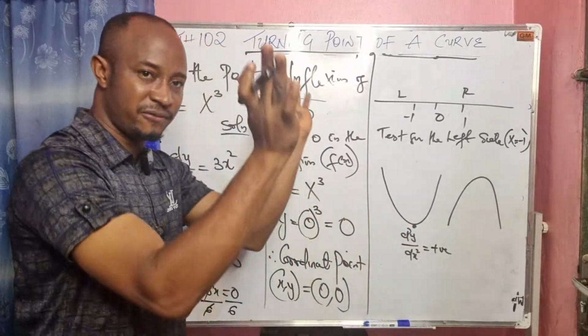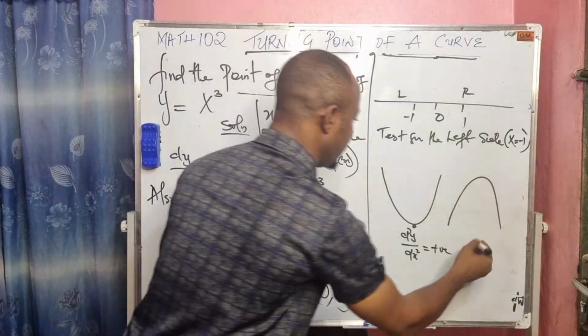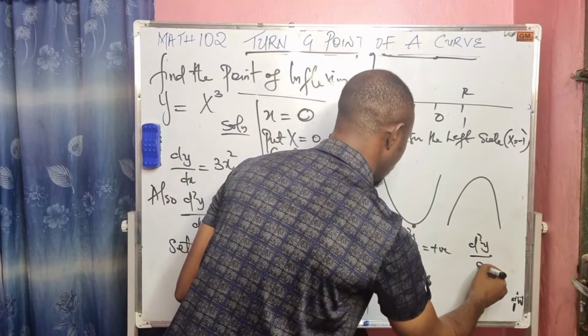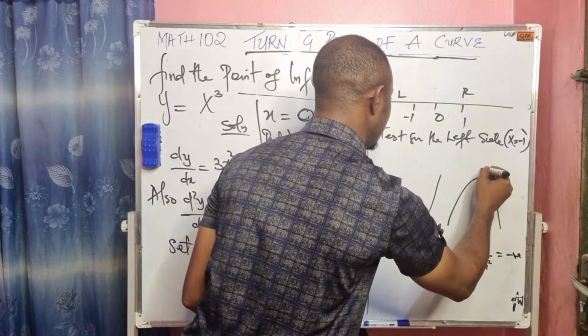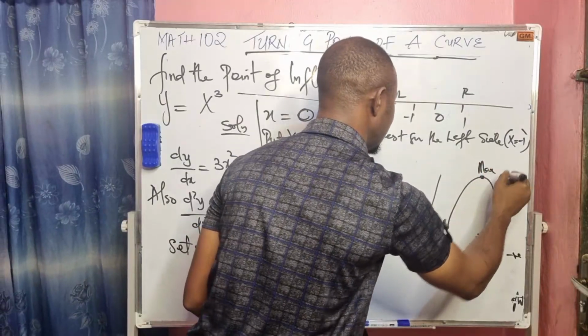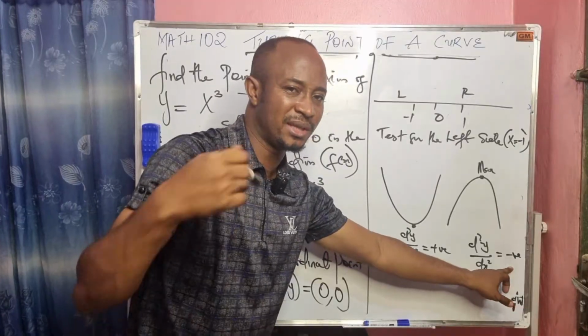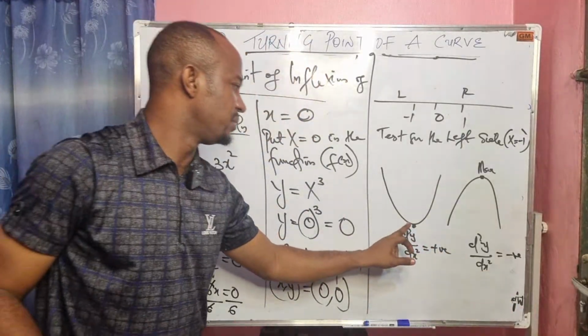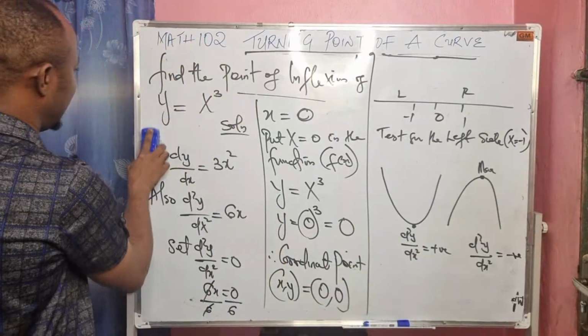That means it is concave up. When it's concave down, it means that our d2y over dx squared is negative. So a maximum turning point is always negative in the second derivative. A minimum turning point is always positive. Don't forget.